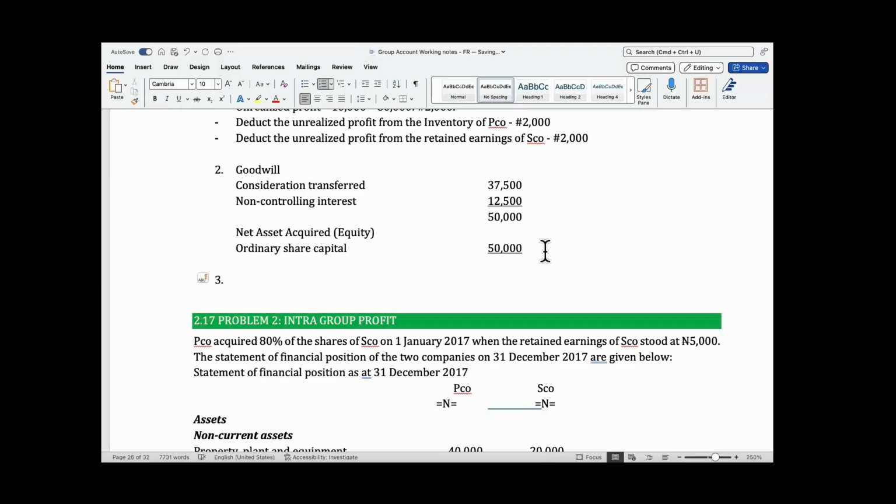And number 3, we have consolidated retained earnings.